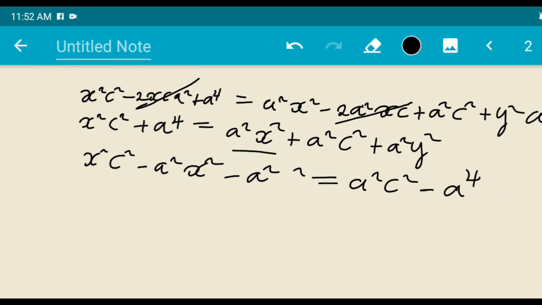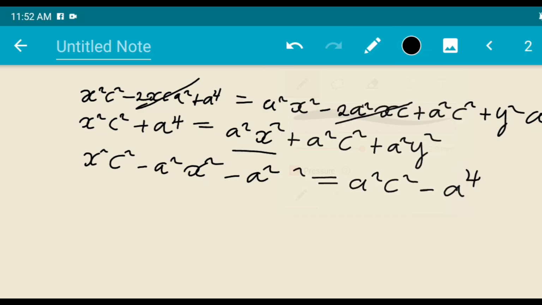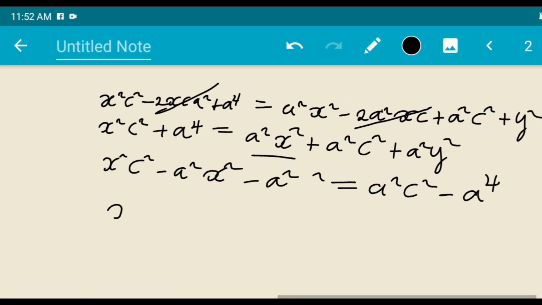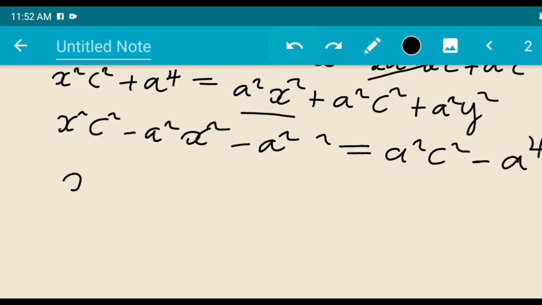Here, we need to factor out the x. So when we factor out the x, we have x squared. We open brackets.